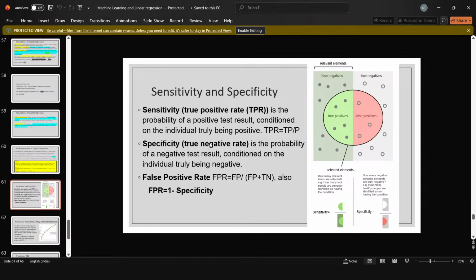And specificity is the true negative rate. The false positive rate is FPR, which we already saw: FP by FP plus TN. So sensitivity is basically recall. We saw it in the previous slides, right? This is recall. And 1 minus specificity is FPR.